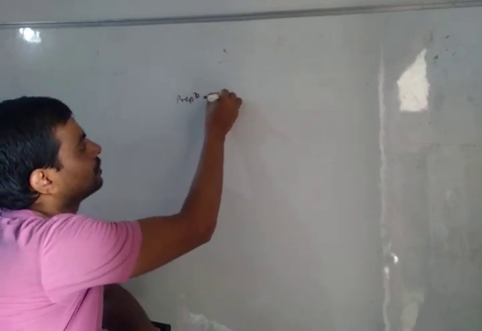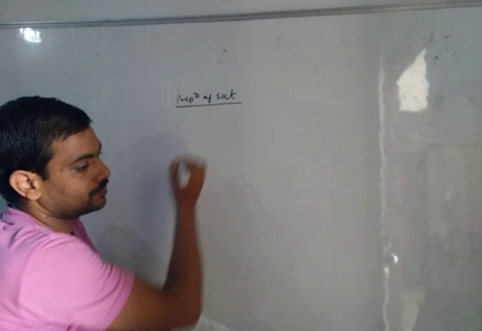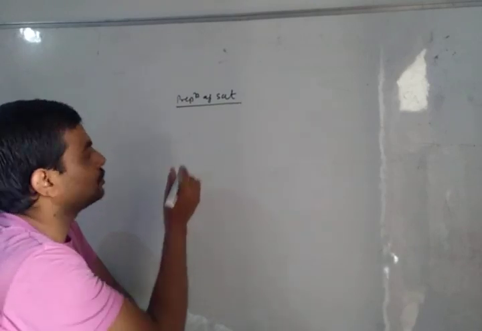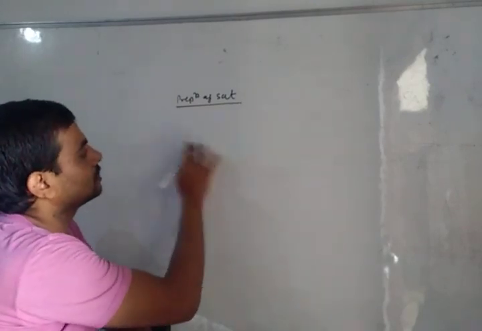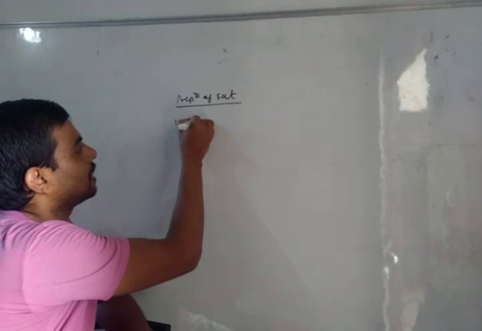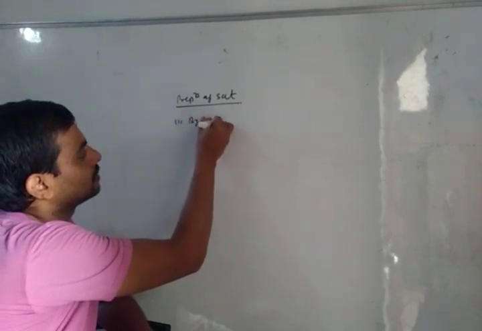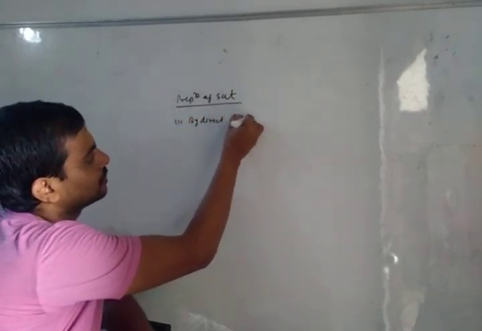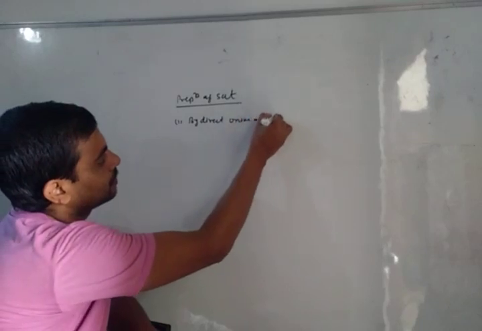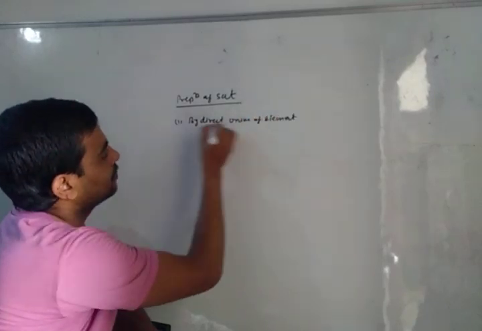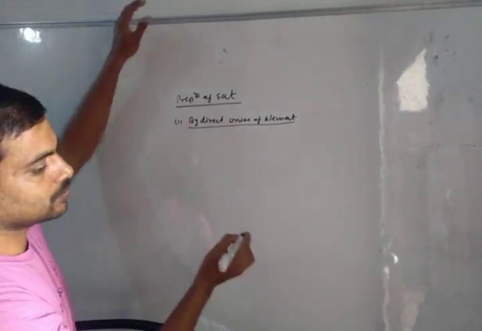Preparation of salt by direct union of elements. How is this possible?